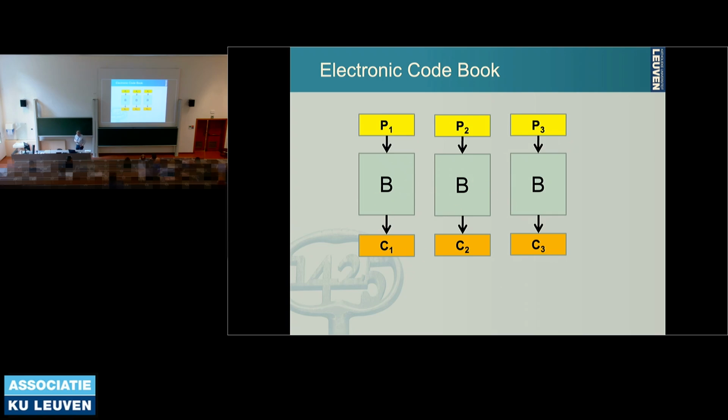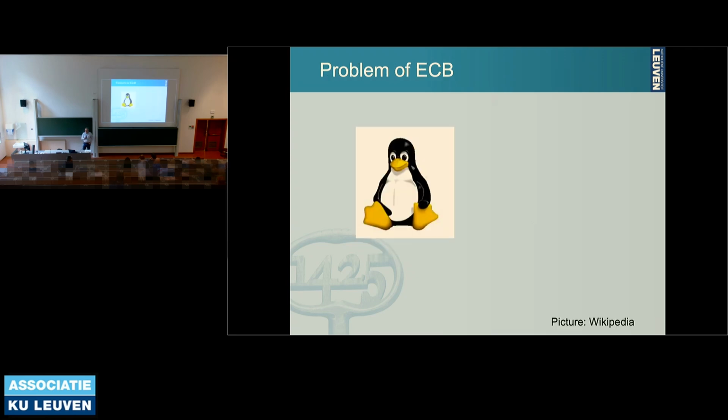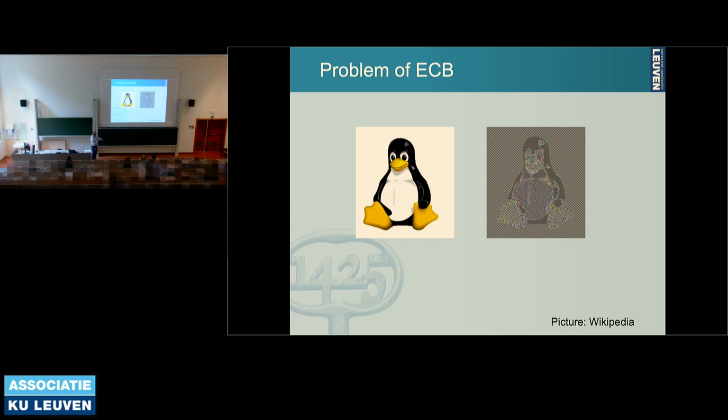So what's the big problem is that if you encrypt data that has structure, for example, an image, and you encrypt it, you will get something where one-on-one you cannot know what the value was of this one pixel here, but by looking at the ciphertext, you still see the structure.